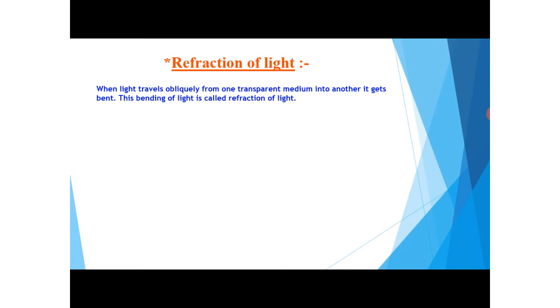So what is the phenomenon of refraction of light? According to refraction of light, when a light ray travels obliquely from one transparent medium into another, it always gets bent, and this bending of light is called refraction of light. Consider the case of light traveling from air to water.